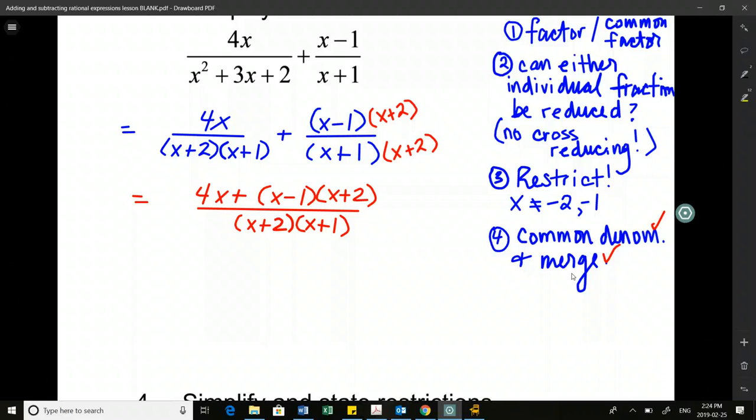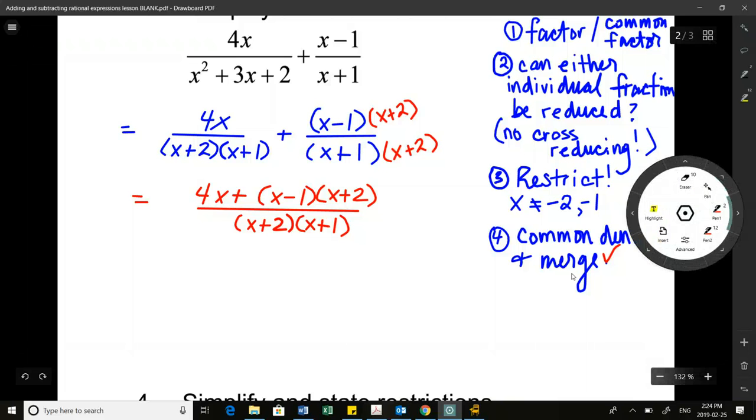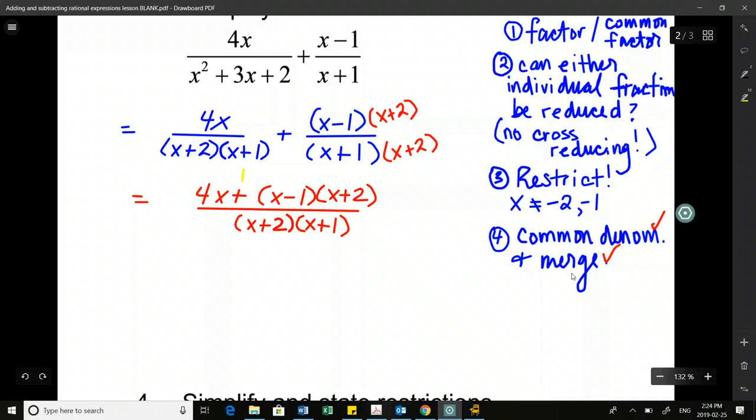Now, this is what I want to caution you about. When I have an addition on top, even though these are being multiplied, I still can't cancel individual terms out of this. What I really want to make sure I don't do, and this is the trap that some people fall into, see how this x plus 2 has a multiplication next to it?